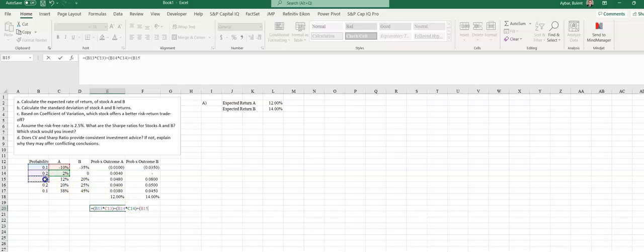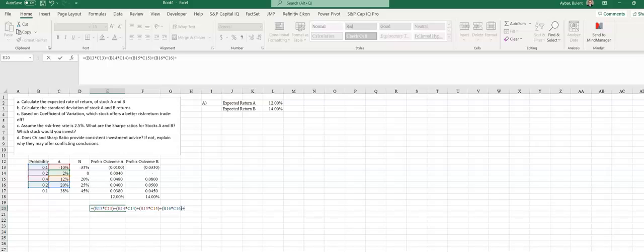So the third probability times the outcome plus the fourth probability times the outcome. Let's put them into the parentheses.